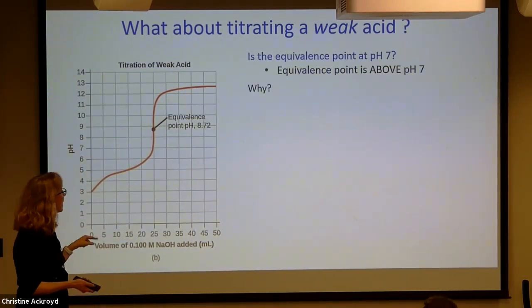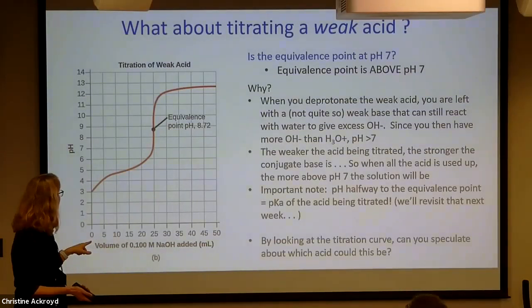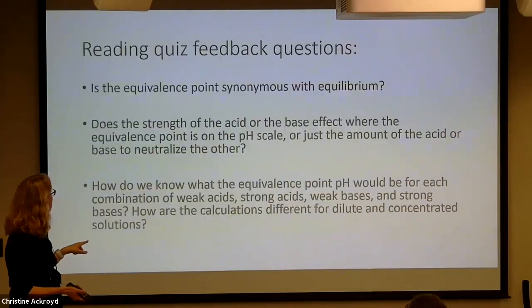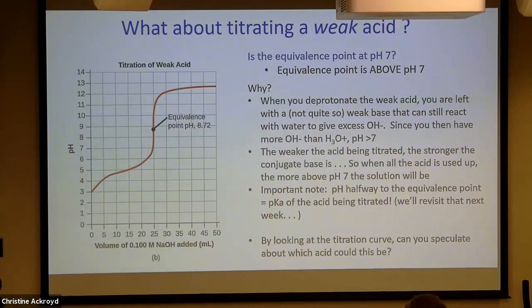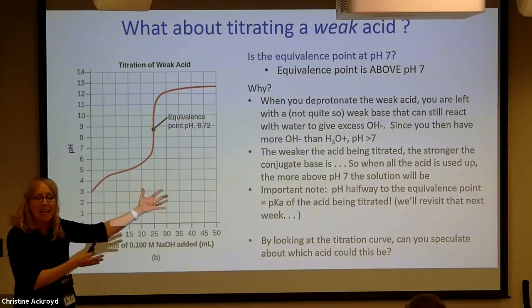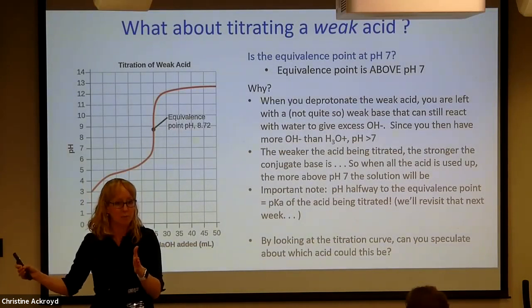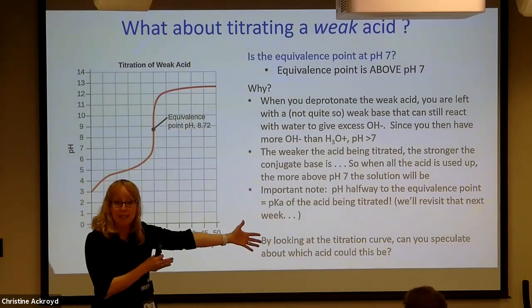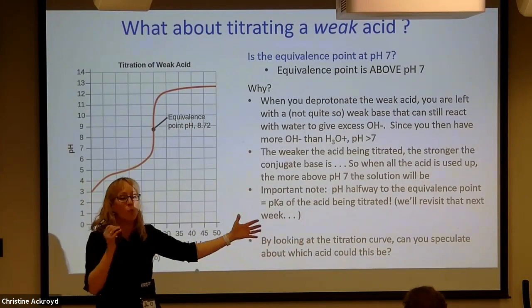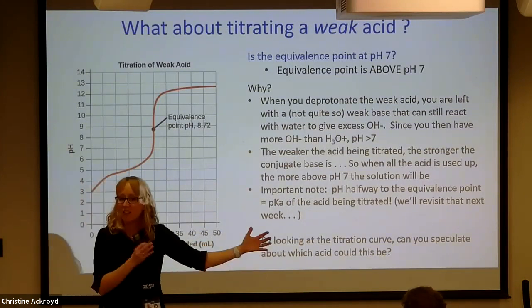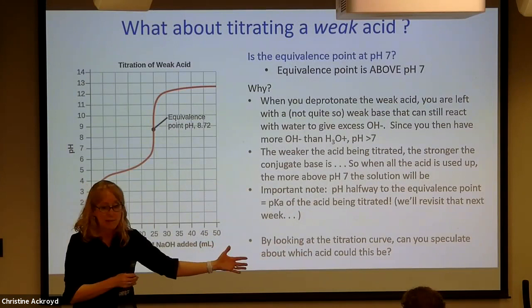So if we start with a weak acid sample, let's see where's the reaction. At the endpoint, what will have happened to that sample? What do we convert it to? The conjugate base of the weak acid, right? What do we know about the reactivity of the conjugate base of a weak acid?